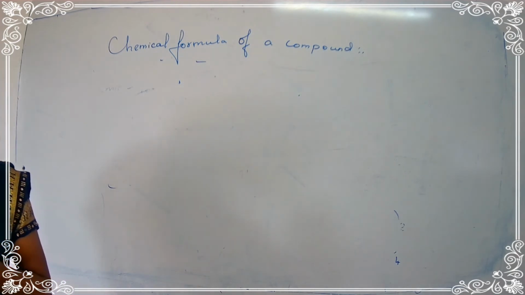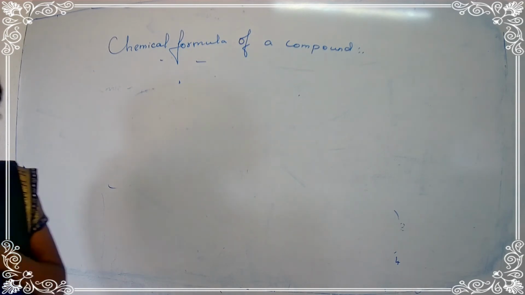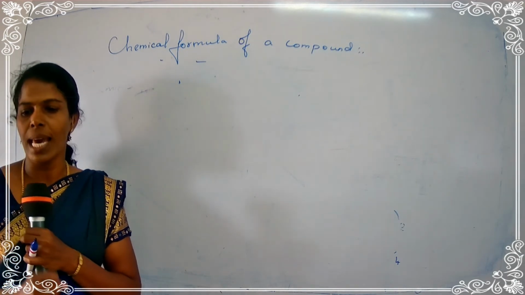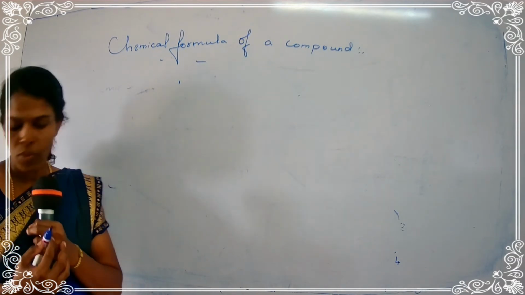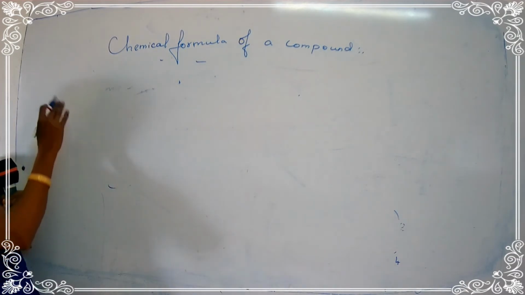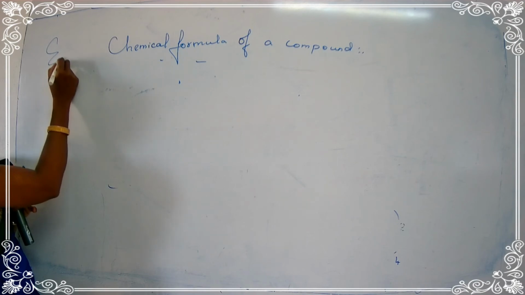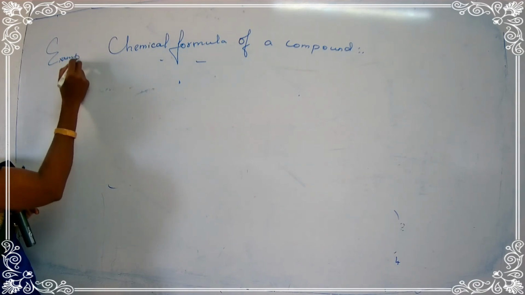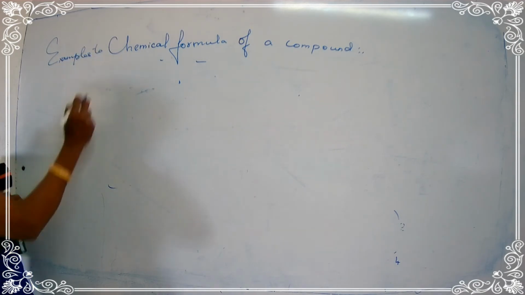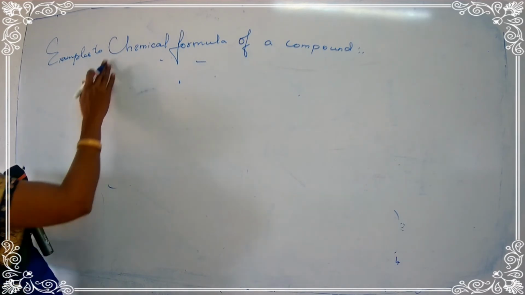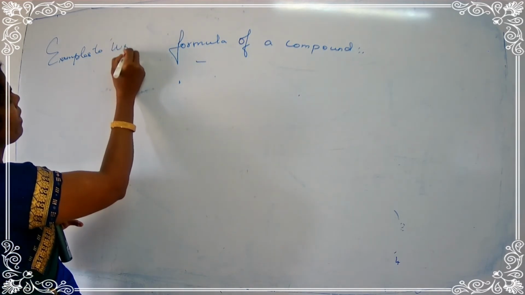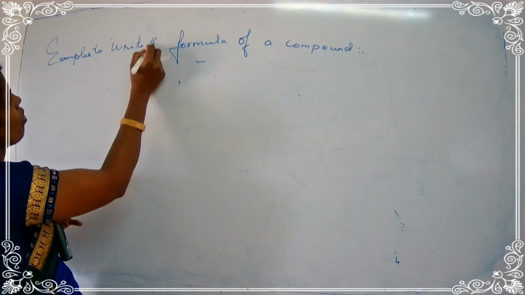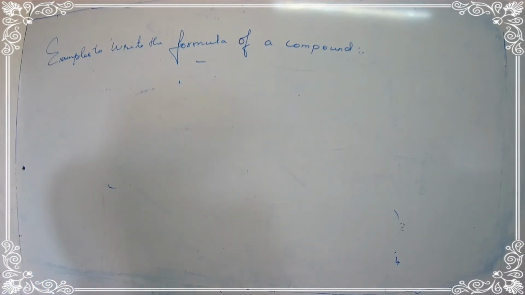Okay, children. Now, examples. How to write the formula of compounds. With the examples, we study how to write the formula of compounds. Example 2, write the formula of compounds.